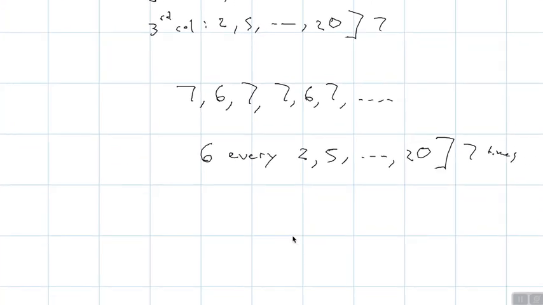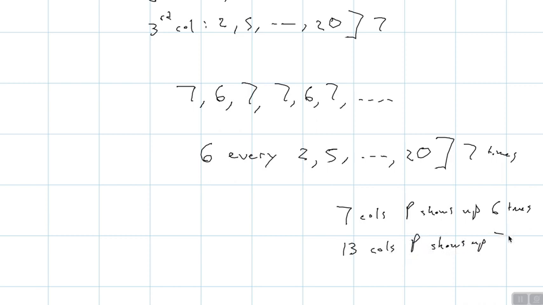So therefore, there are 7 columns where P shows up 6 times. And then just the remaining columns, so there are 13 columns where P shows up 7 times.